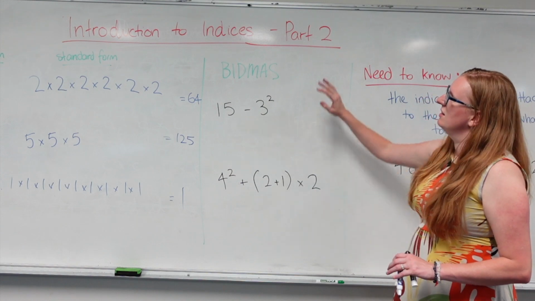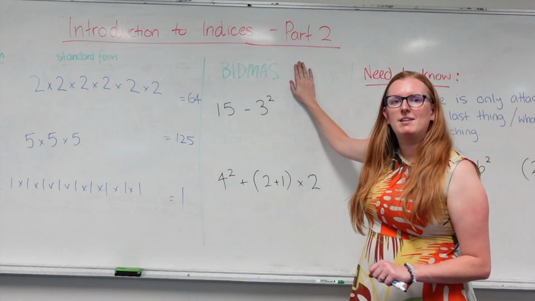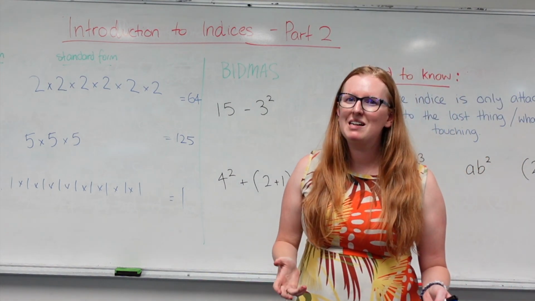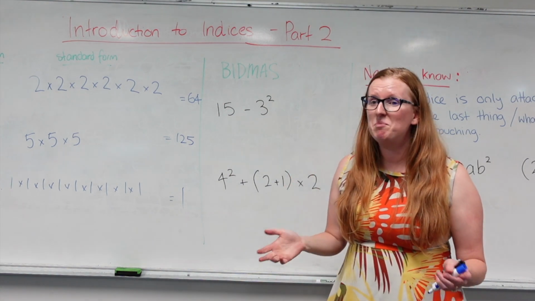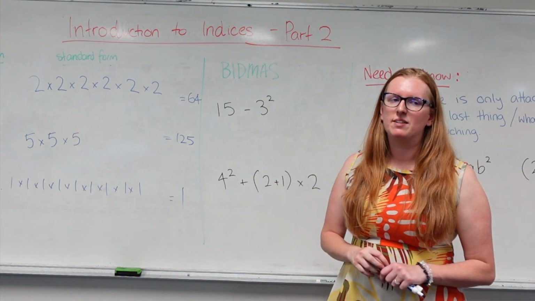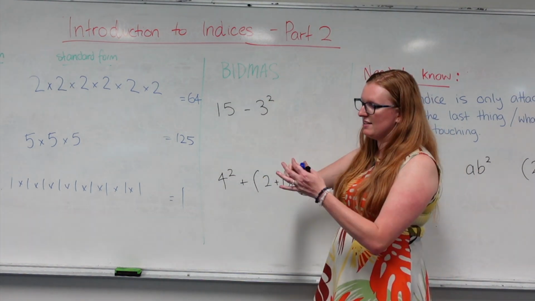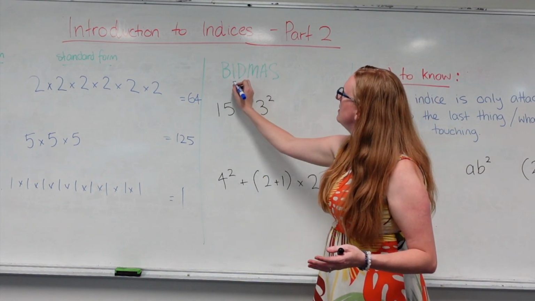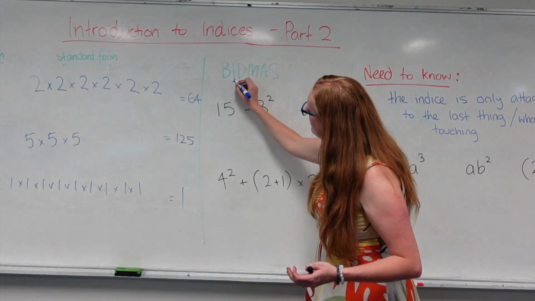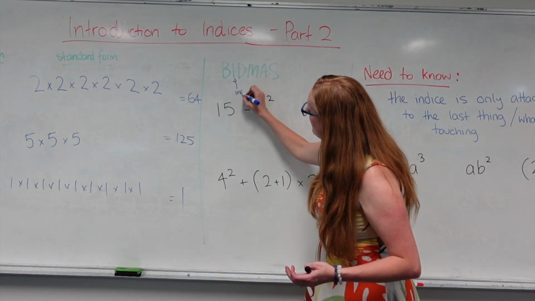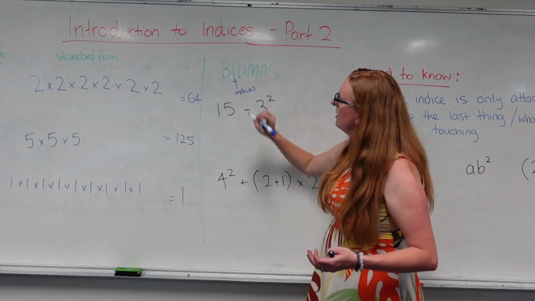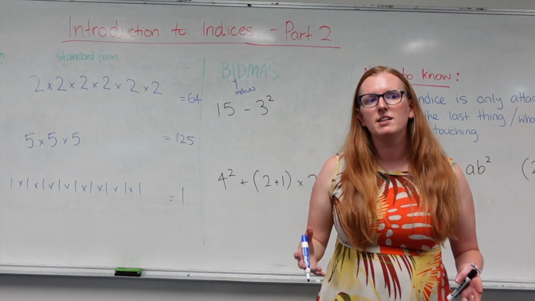Now here, I like to use BIDMAS. Some people use BODMAS. Some people use PEMDAS. I like BIDMAS because in BIDMAS, the I stands for indices, right? Hooray! Wonderful, I know what that is.